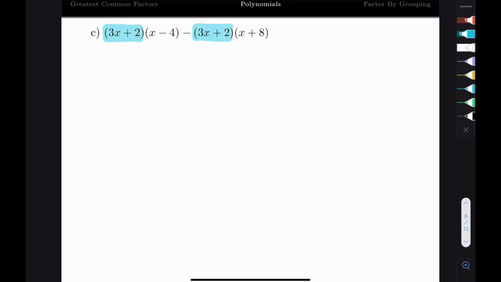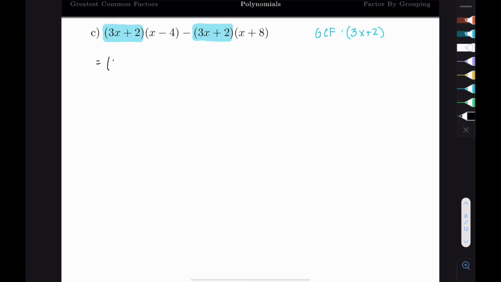So even though it's a more complicated expression, we still do exactly the same thing. This is common to both pieces, so we can factor it out. And then from what's left over, neither of these expressions have anything in common. So our greatest common factor here is the expression 3x plus 2.